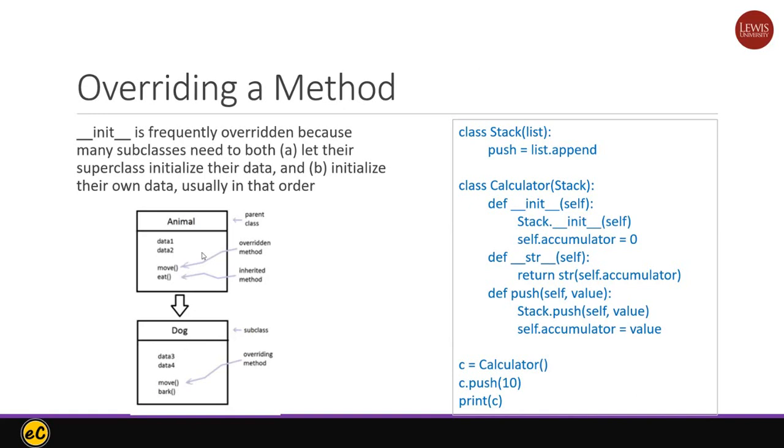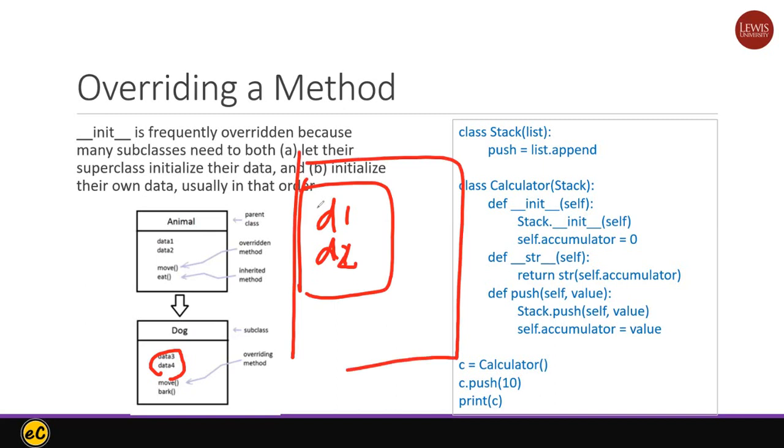Dog is one kind of animal, so you may add more data fields such as data 3, data 4. So animal has data 1, data 2, and your dog has data 3, data 4. And here your animal has the functions move and eat.